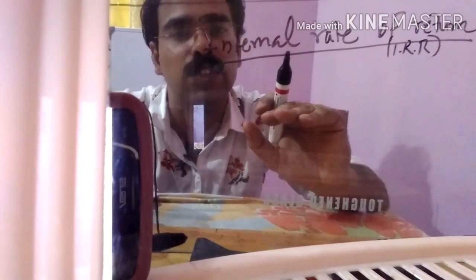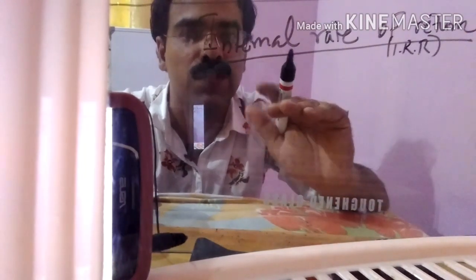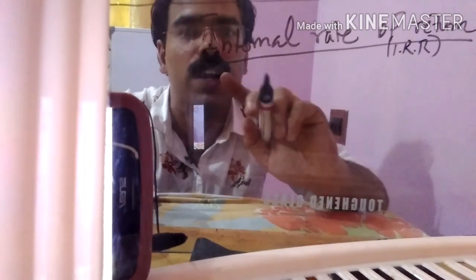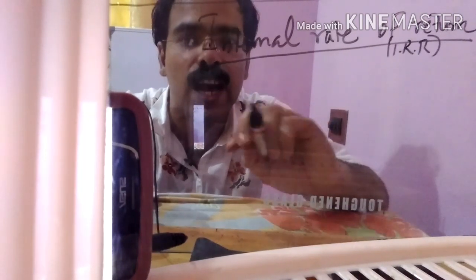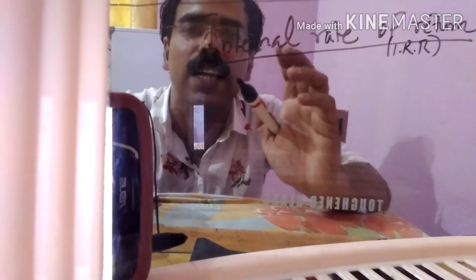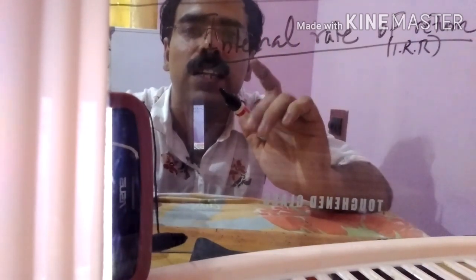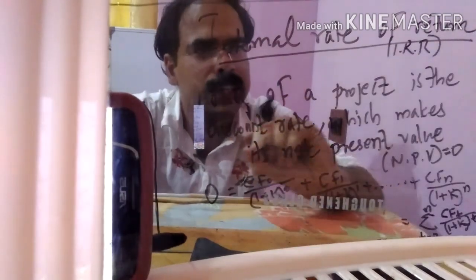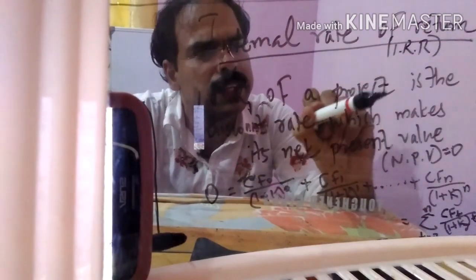So it is better to choose the highest rate of return type projects. If we have two projects, one having a higher rate of return compared to the other, then it is better to choose the highest rate of return project. Internal rate of return we can explain in another way also.